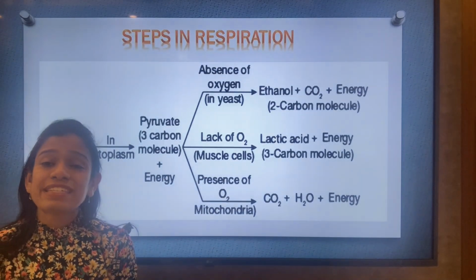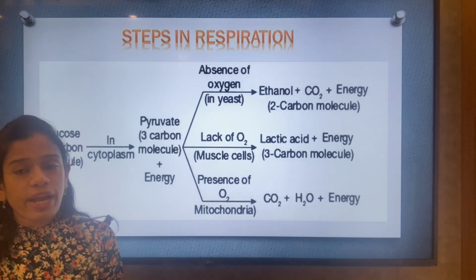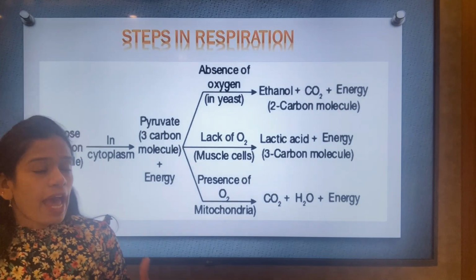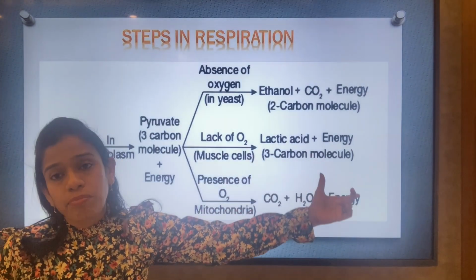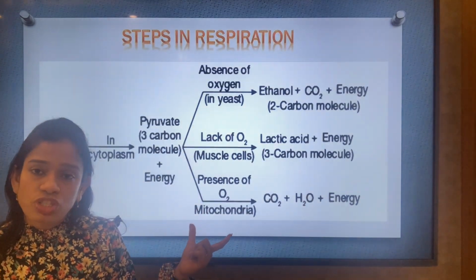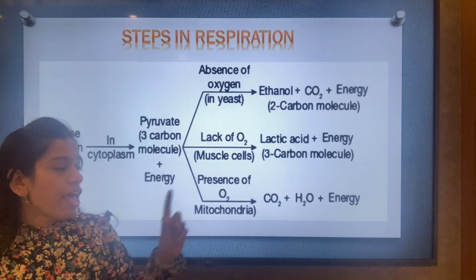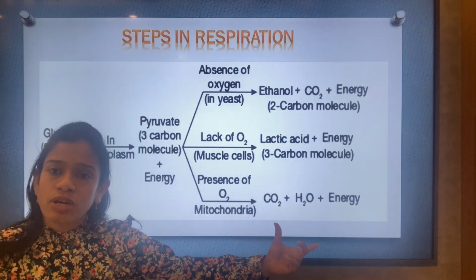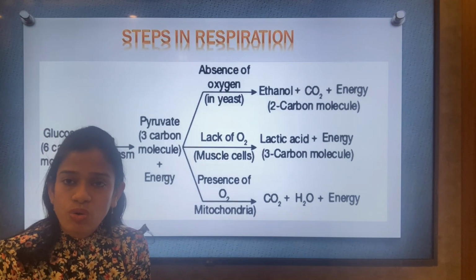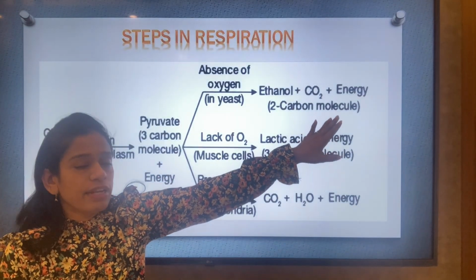And when you don't have the amount of oxygen required, the glucose molecule is broken down in the lack of oxygen and it releases lactic acid plus energy. And finally, in the presence of oxygen, that happens in the mitochondria of the cells, and it gives out carbon dioxide, water and energy.